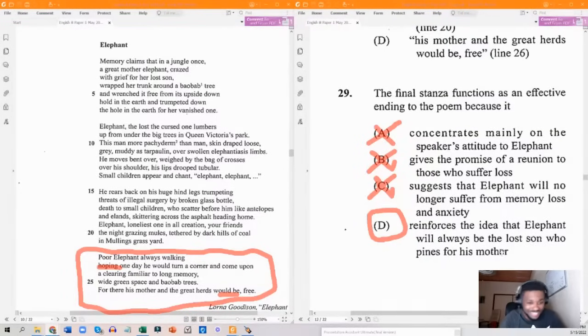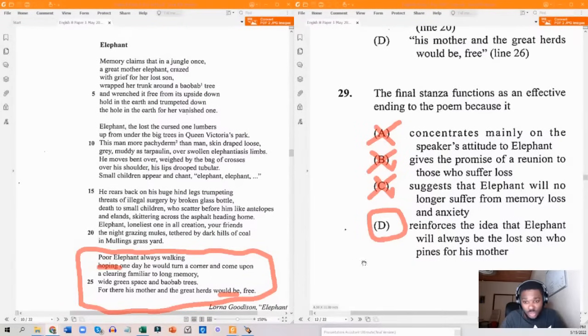Now, is he literally pining for his mother? Is he literally a lost son? I can't tell you that. This answer might be referring to the symbolism, the parallel between the mother elephant and the man the elephant. But what I can tell you for sure is that there is no promise of hope. There is no promise of reuniting, so it cannot be B.